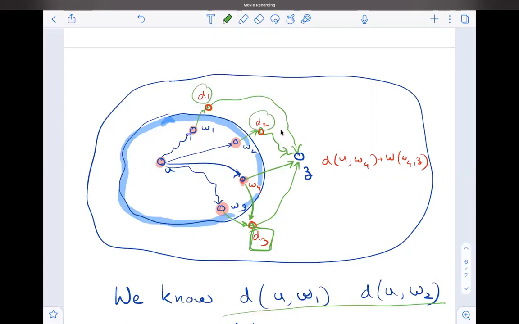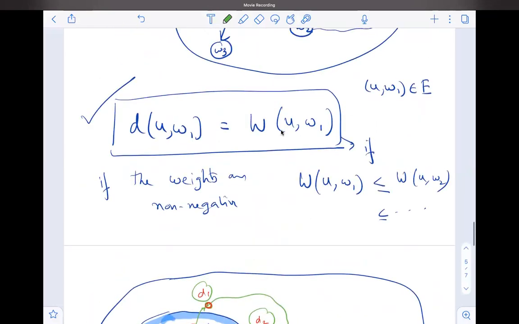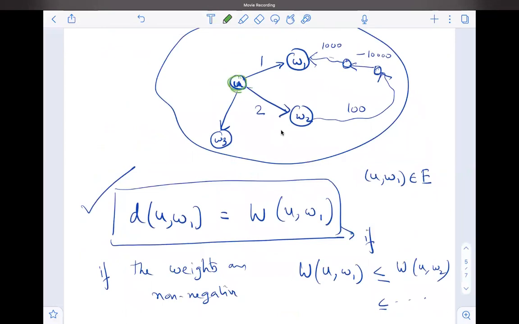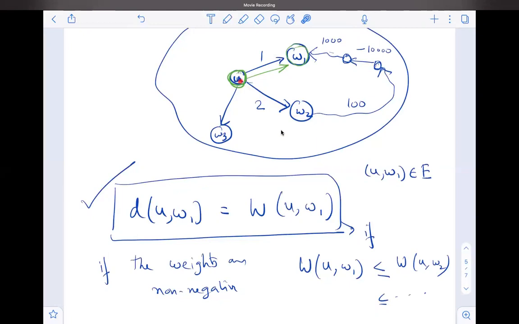It is exactly what Devarshi was saying here. Here U is something, and you said that if the weight of W1 is the smallest weighted edge, then any other path should of course cross through this thing. And since I know that 2 is more than 1 and there's no negative cycle, I cannot have a path from U to W1 which costs more than the shortest path.